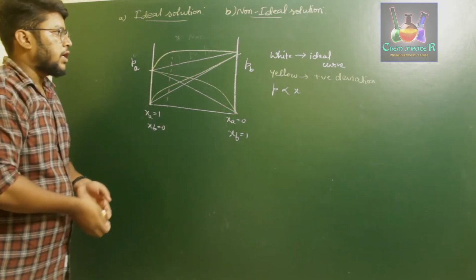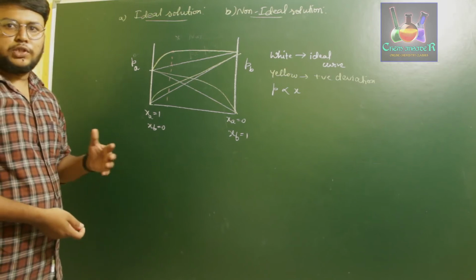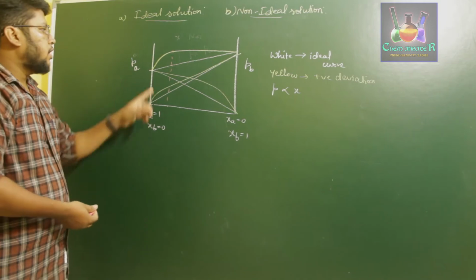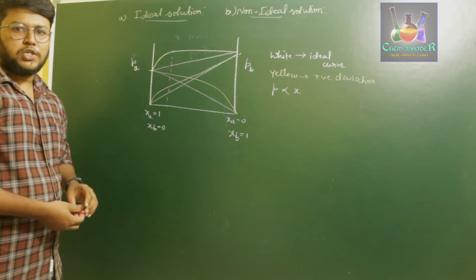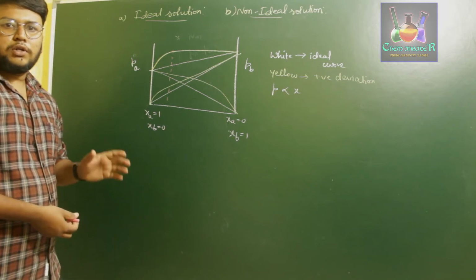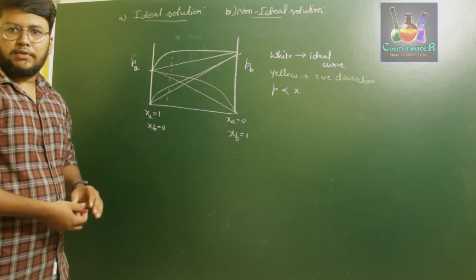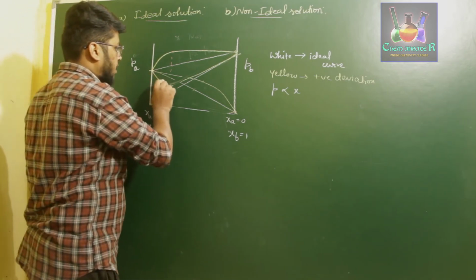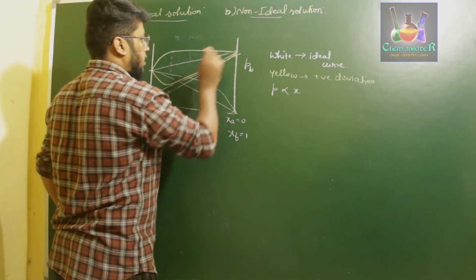So whenever you have a value higher than the ideal value, it is called positive deviation, and a solution which shows positive deviation is called a non-ideal solution with positive deviation. Now for the negative deviation, those will have lesser values when compared to the ideal values.